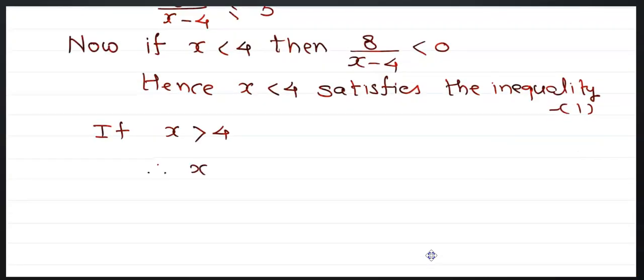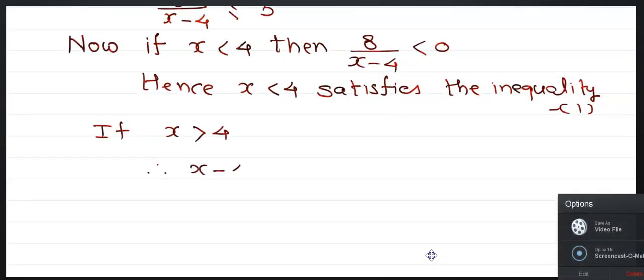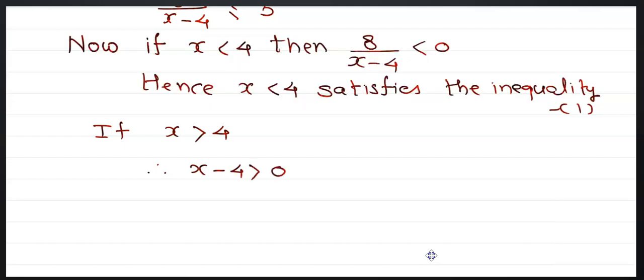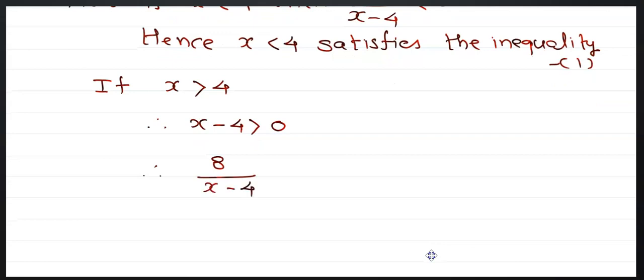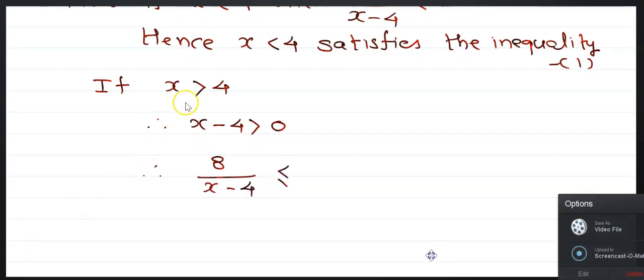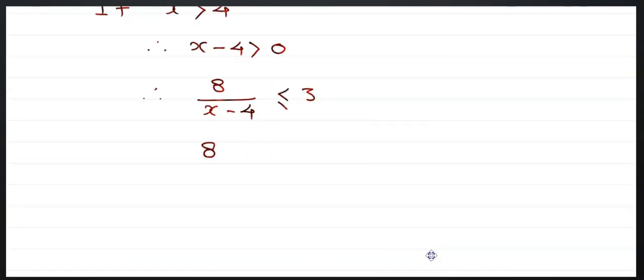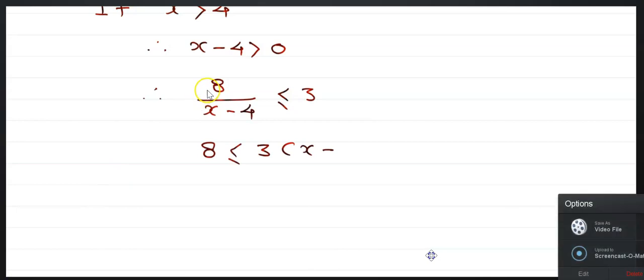What about the second? If x is greater than 4, then what will happen? x minus 4 greater than 0. If we simplify this, subtract 4 on both sides. 4 minus 4 will become 0. And the next is 8 upon x minus 4 less than or equal to 3.